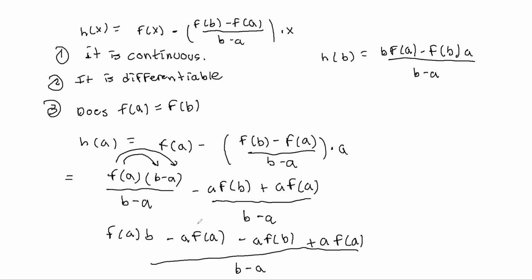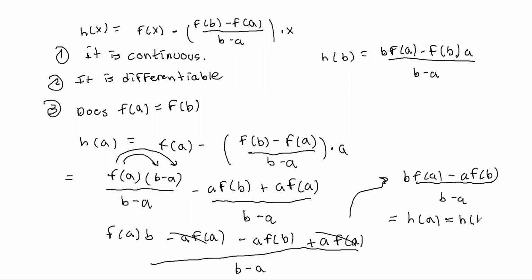So we do have terms canceling out here. You can see here this guy and this guy cancel out, and we're left with b f of a minus a f of b over b minus a, which indeed is the same as this. So we can indeed say h of a equals h of b. Therefore, we can assume the Rolle's theorem.